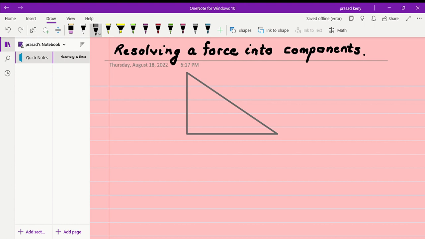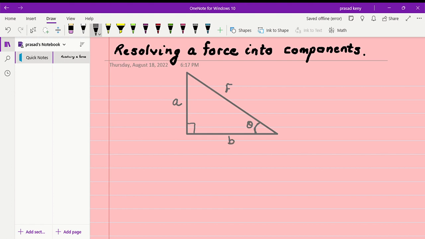In this right angle triangle, the hypotenuse represents the force F. One side of the triangle is horizontal, and the angle the hypotenuse makes with the horizontal direction is theta. I will take the side opposite to theta as A, and the adjacent side as B.